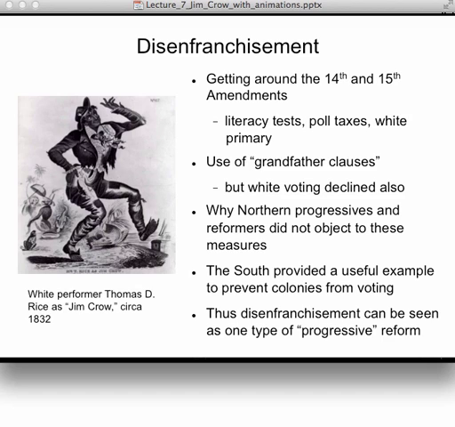He was what was called a minstrel performer, and he took the stage name of Jim Crow. So he was very famous, and when these laws were passed, they were dubbed Jim Crow laws after this performer whose act was quite demeaning to African Americans.